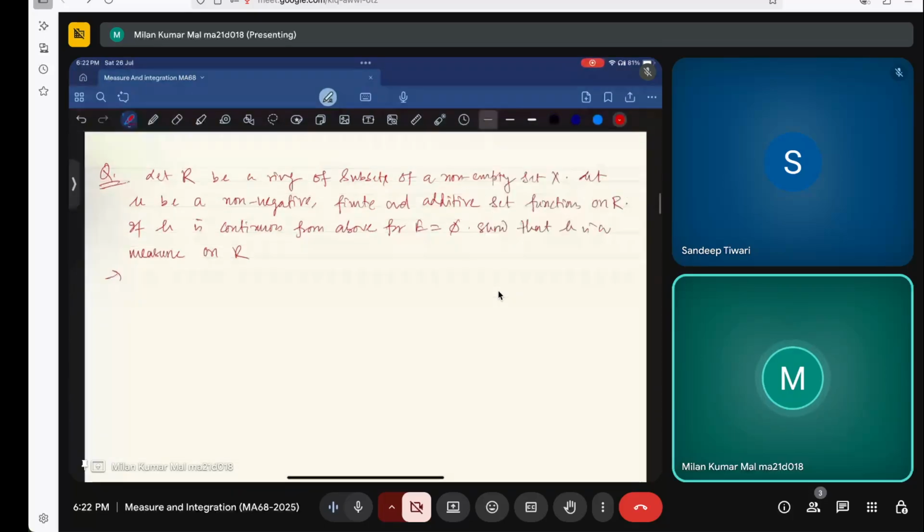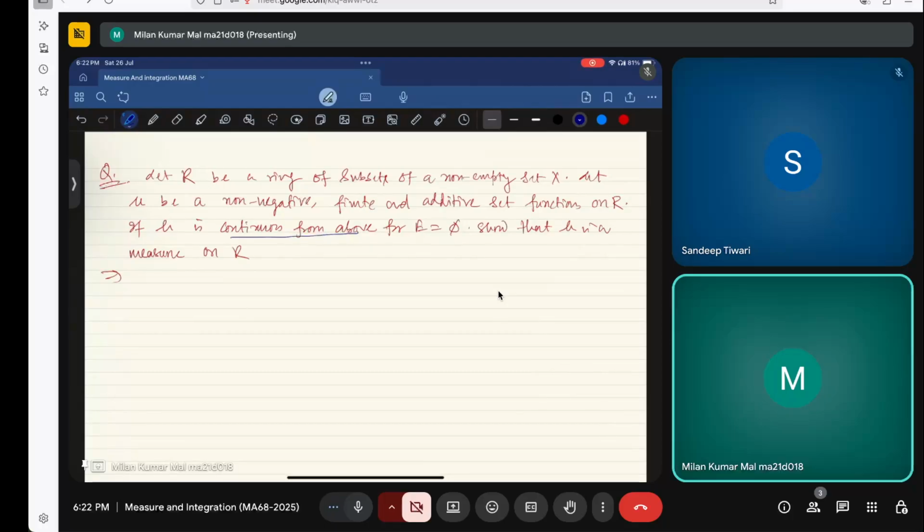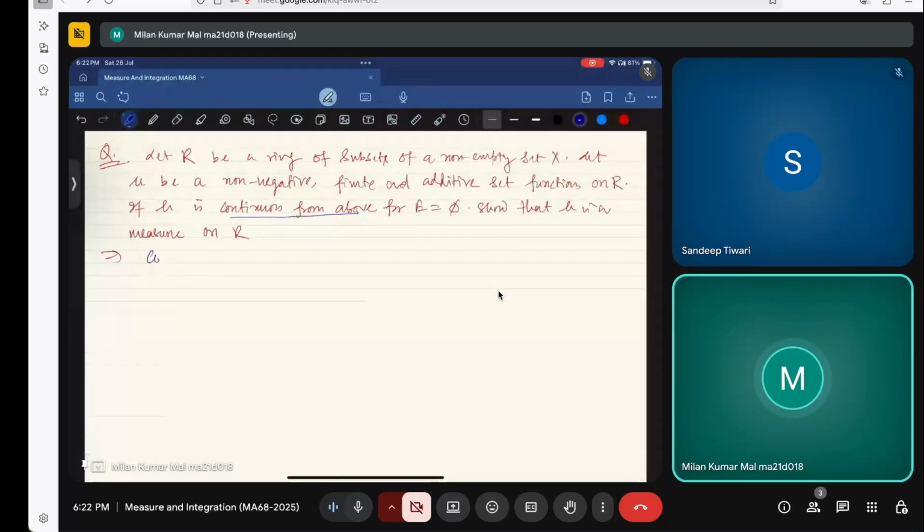Here I will first recall what is meant by continuity from above.